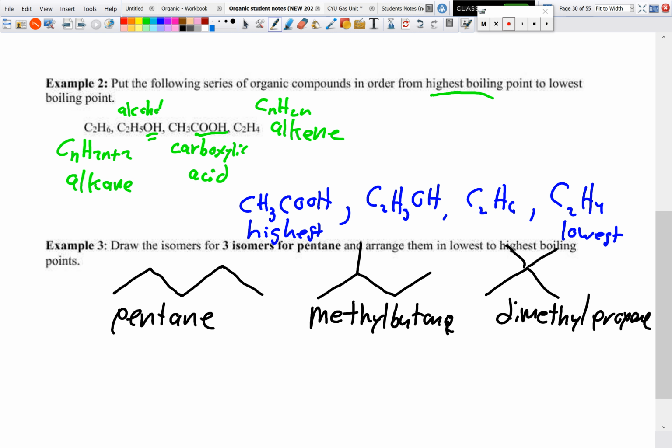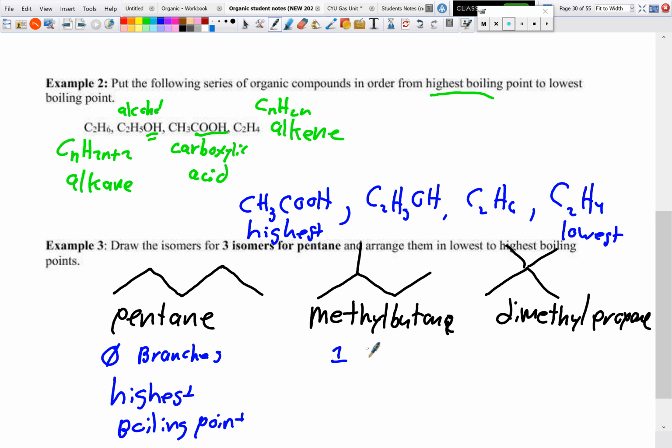Now, from up above where it said that the more branches we have, the lower the boiling point. In our straight chained alkane, pentane, we have 0 branches, so it should have the highest boiling point. Our methylbutane has 1 branch.